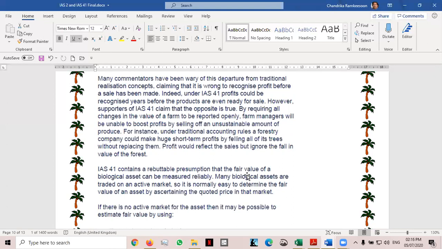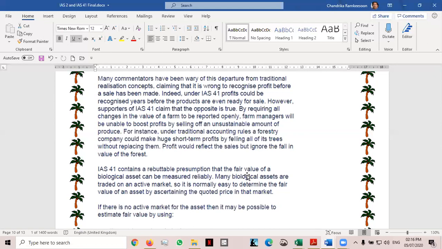Indeed, under IAS 41, profits could be recognized years before the products are even ready for sale. Now, that's a very important point. The argument here is that it's anticipating profits, which should not be done. And the implication of that further is that profits could be recognized years before the products are even ready to be sold.